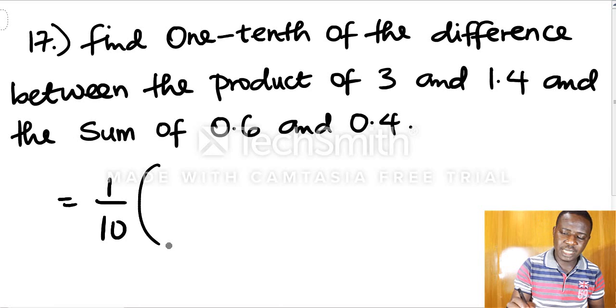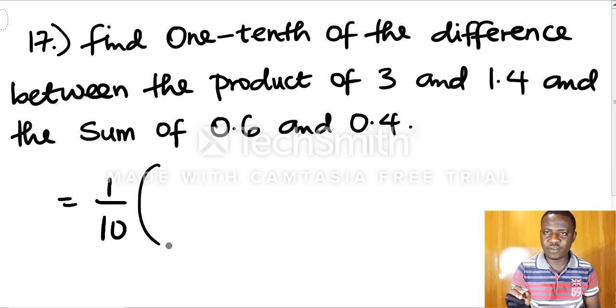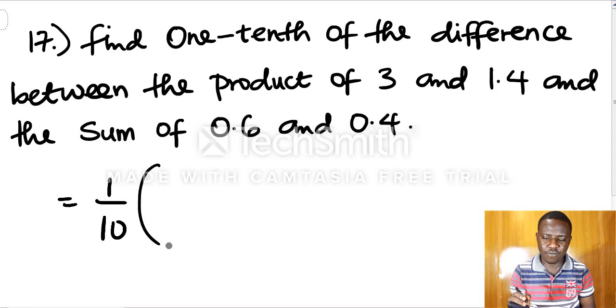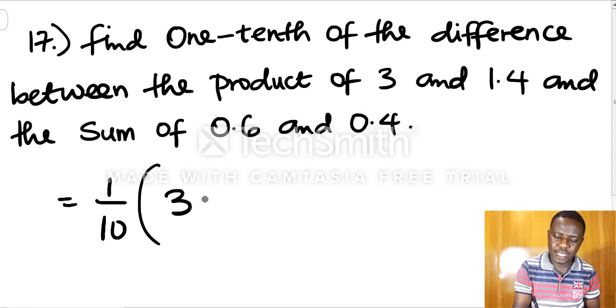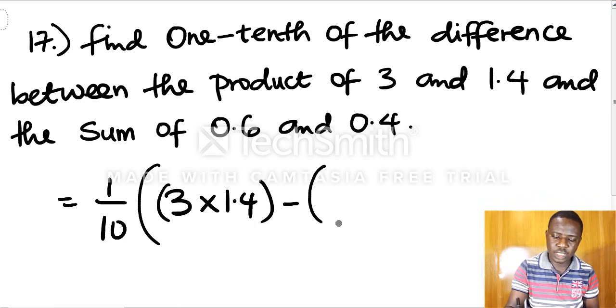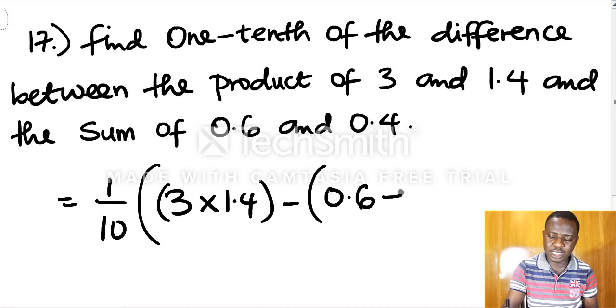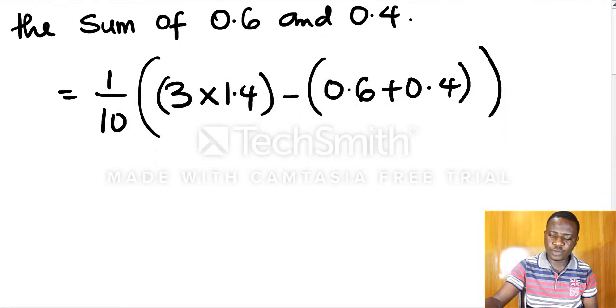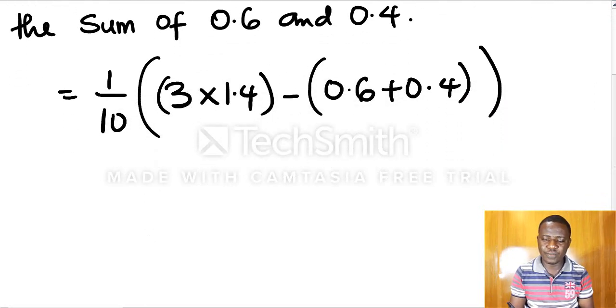Difference always has to do with positive difference, so the positive difference will be 3 times 1.4 minus the sum of 0.6 and 0.4. Reason being that 3 times 1.4 is greater than the sum of 0.6 and 0.4.